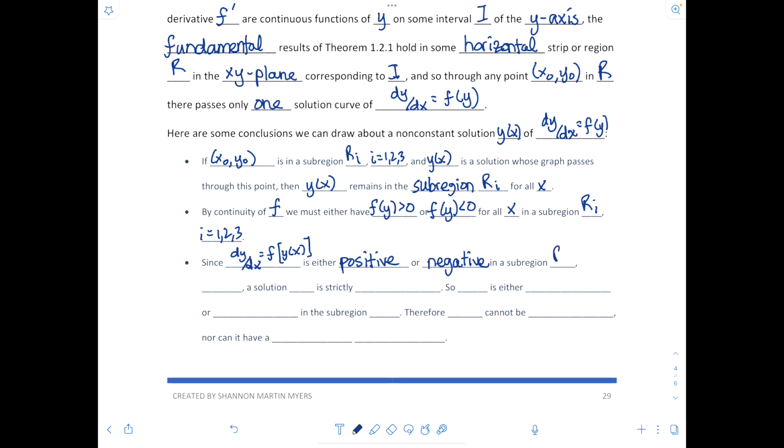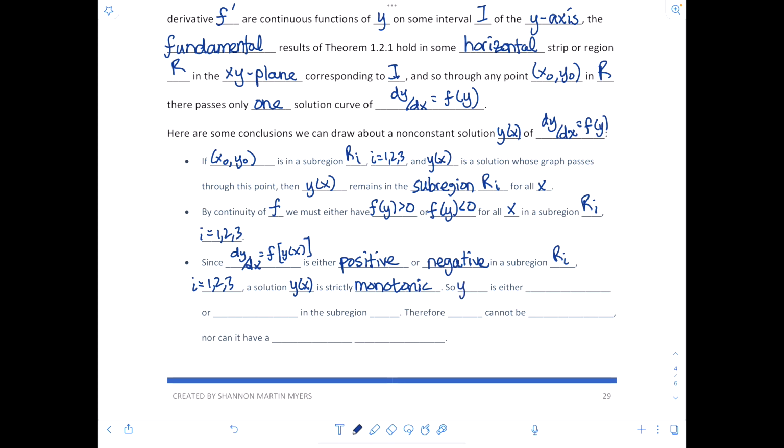In a subregion R sub i, of course, i equal to 1, 2, and 3, a solution y at x is strictly monotonic. So remember what that means? Good.